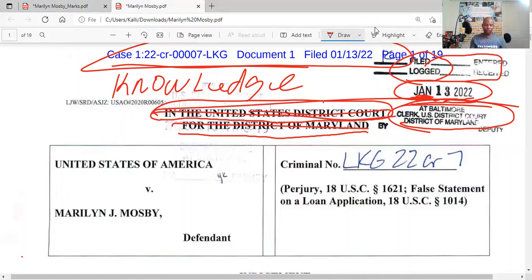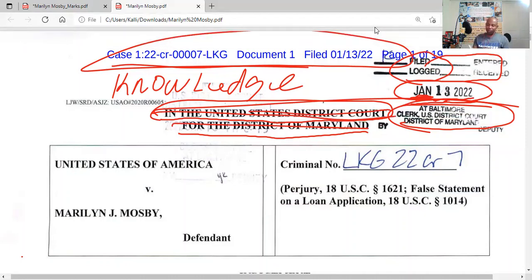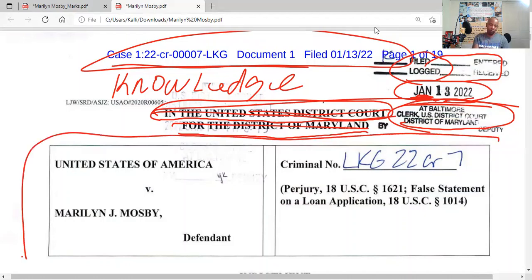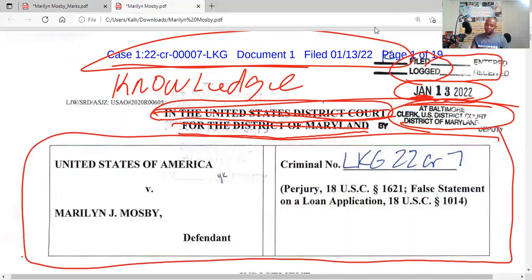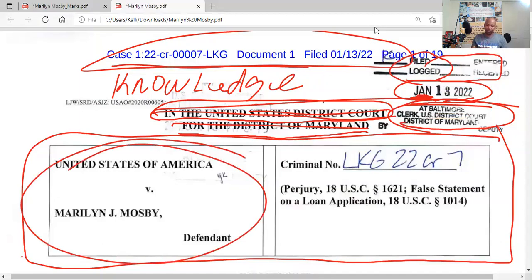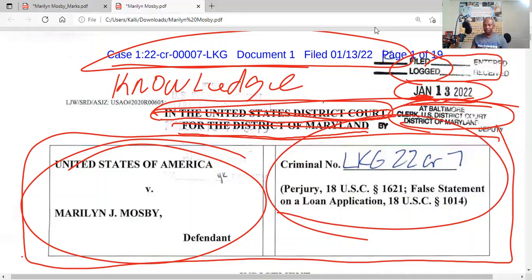Okay, let's go on to the next thing on the agenda here. Most people would think that this represents the parties, and this is talking about case number and charges. They are wrong.